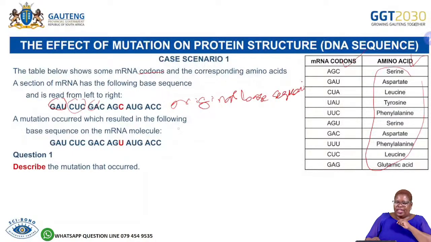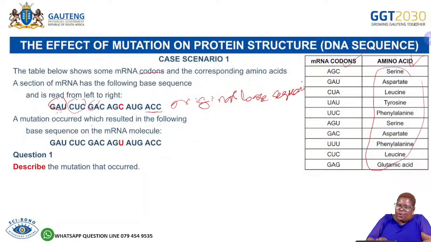Let me go back to it. This is the original base sequence. Now, after mutation has taken place, we're going to have a new base sequence being formed. It cannot be new for that matter, but you have to observe all those codons, if there are changes or not. Now, if you look at the original one, we've got these codons.